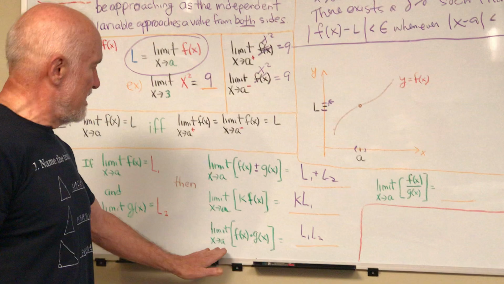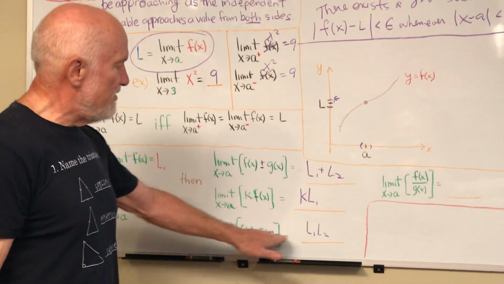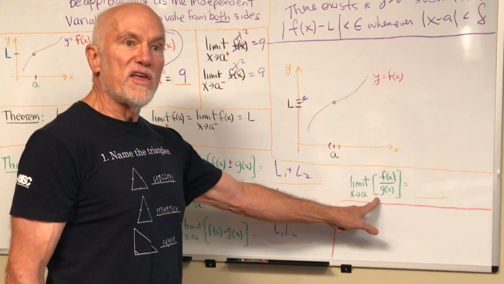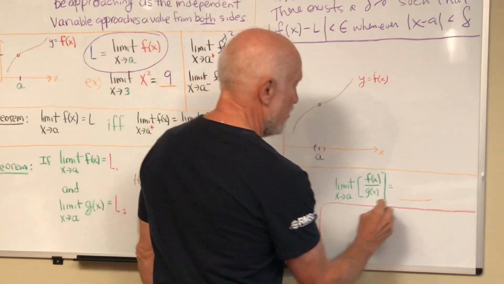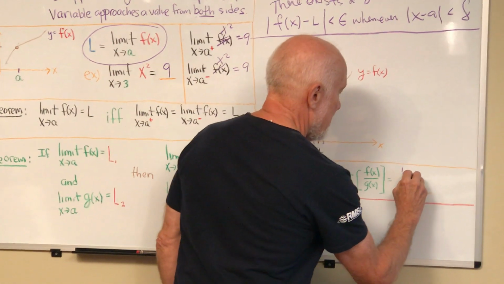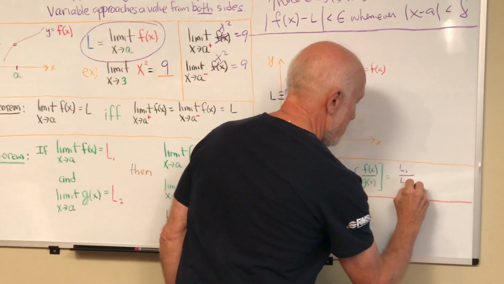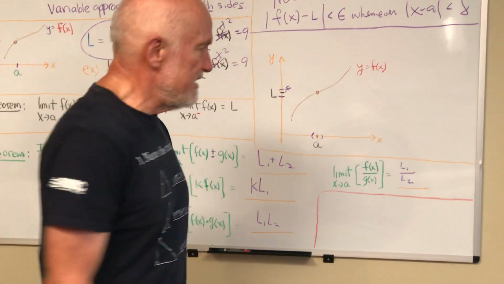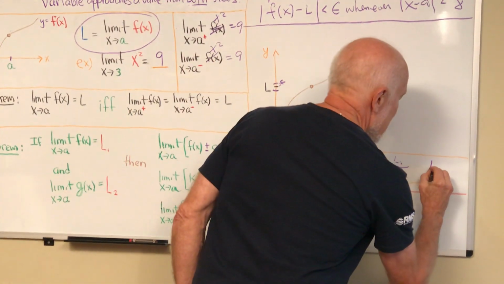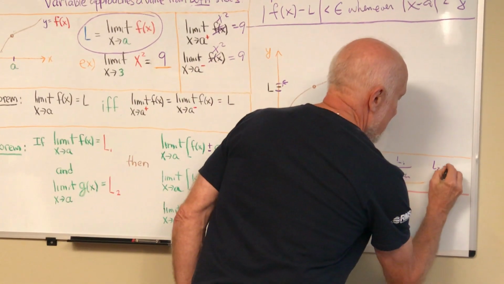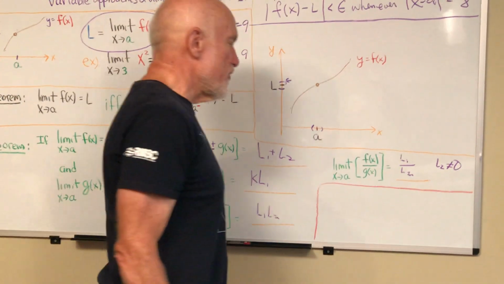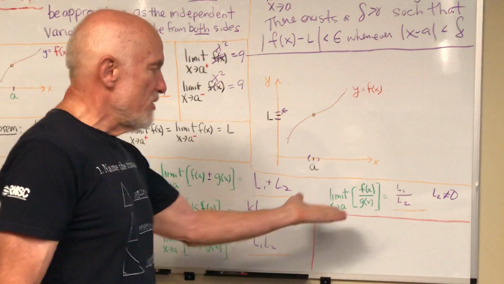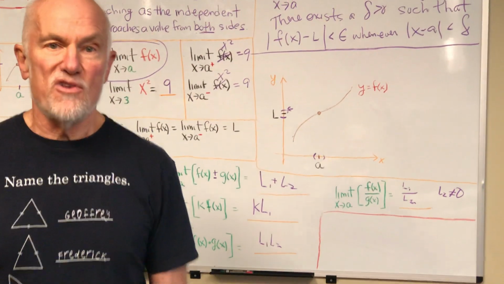So the limit of f of x times g of x would be L1 times L2, and it even works with division. So this would be L1 divided by L2, with one caveat: L2 cannot be 0. If for some reason the limit of this function happens to be 0, we still can't divide by 0.